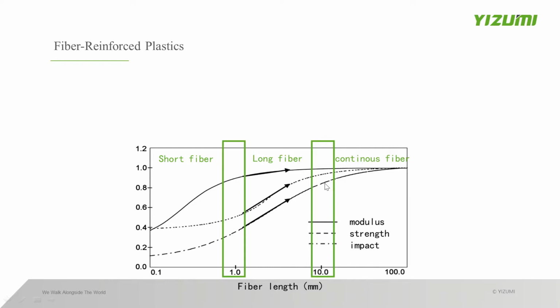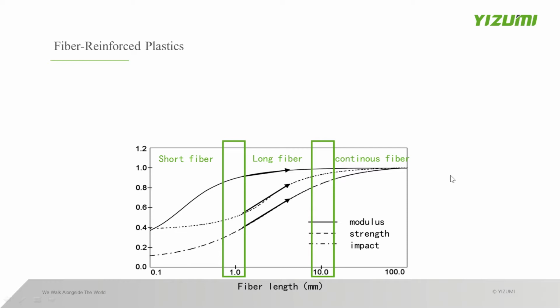And as the glass fiber length increases, you can see in this period the modulus and the stress do not increase very obviously. Just the impact, you can see, is increased here.